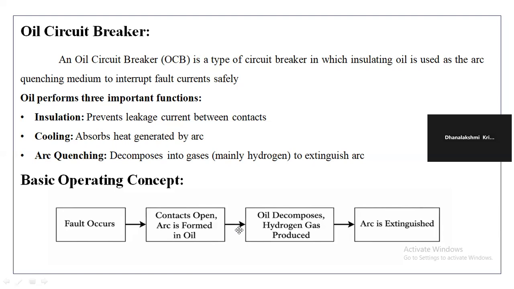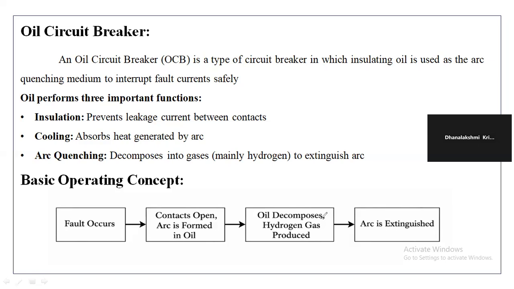The hydrogen gas occupies a volume about 1,000 times that of the oil decomposed. So the oil is therefore pushed away from the arc and the expanded hydrogen gas bubbles around the arc region.